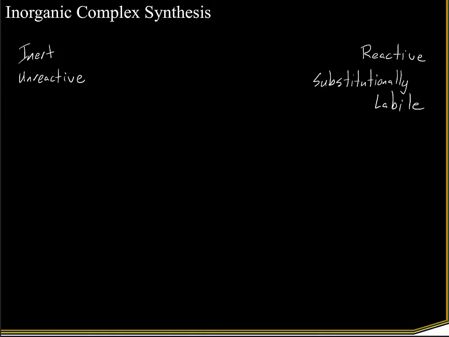And one of our key features is, again, just the presence of electrons in our antibonding orbitals, right? If we have electrons in those EG set of orbitals, then we're going to see a more reactive complex.